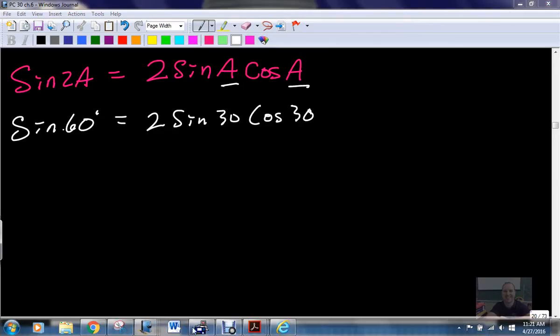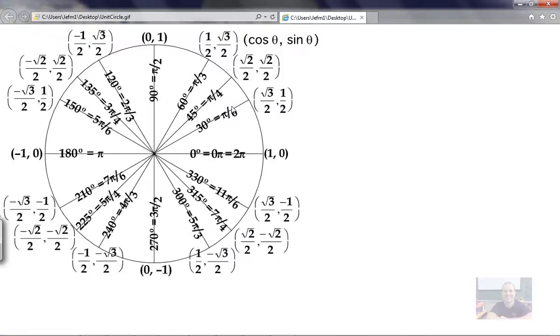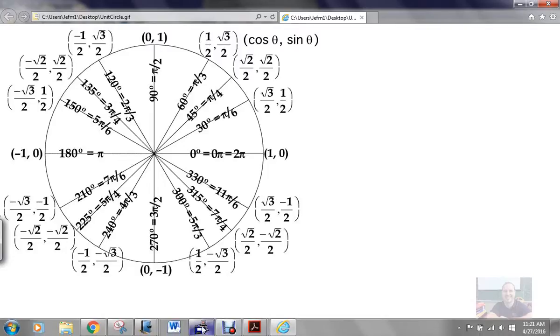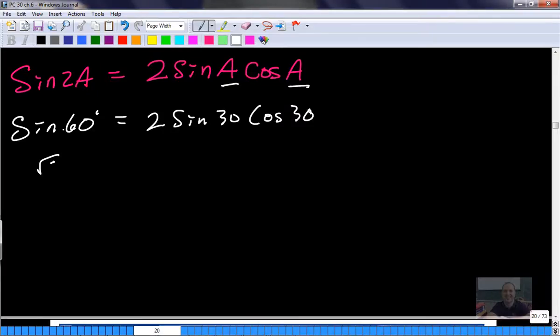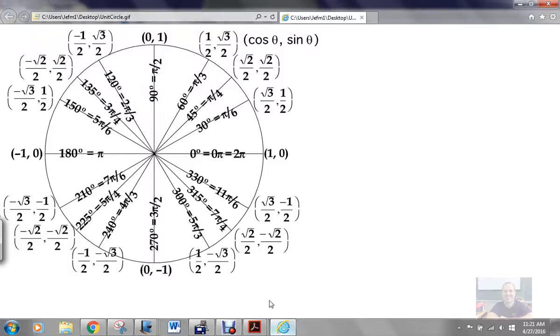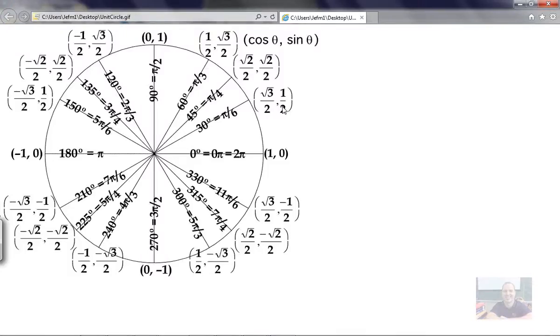And of course, we'll use these numbers because they're a little bit easier to work with, right? So sine of 60 is root 3 over 2. And sine of 30 is 1/2, and the cos of 30 is root 3 over 2.